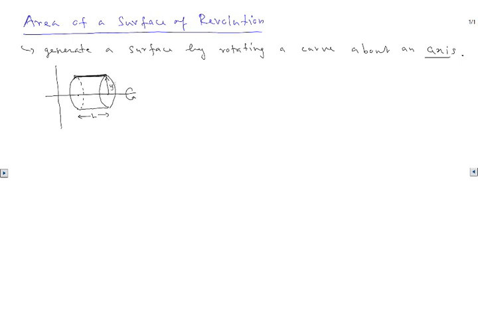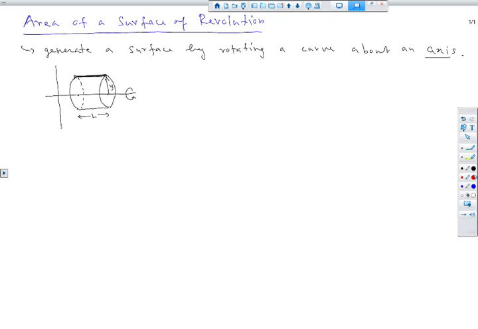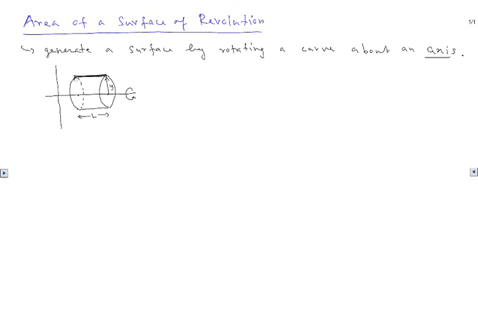So then we can easily find the surface area. We try to find this surface area, but we know that the perimeter of this one is 2 pi y.